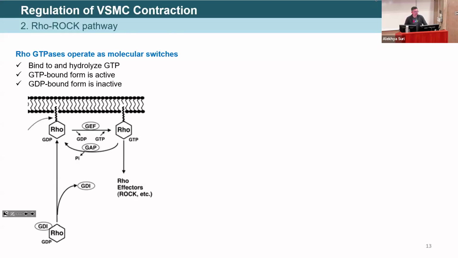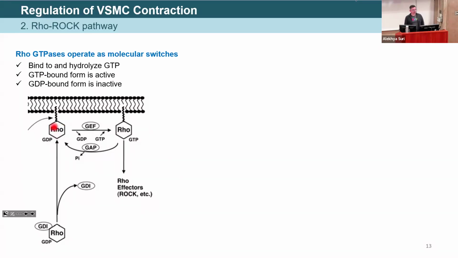Rho is a type of small GTPase that acts as a molecular switch, right? These small GTPases switch between the GDP bound form, which is usually inactive, and the GTP bound form, which is usually active.